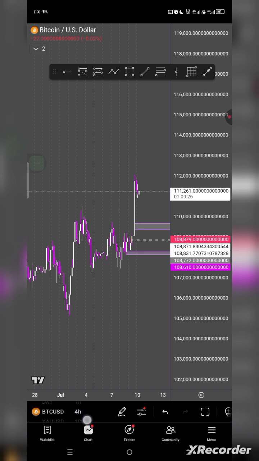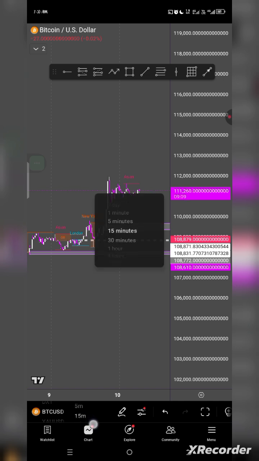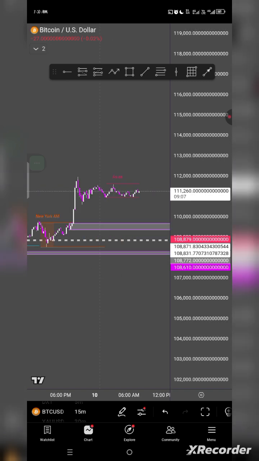One thing about top down analysis that I've not been able to talk about here on this channel is that the moment you see that maybe 2 or 3 or more time frames are aligning with each other, then you can determine your trend. It will give you clarity on where the market is going at that moment.